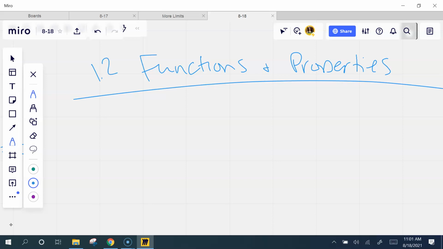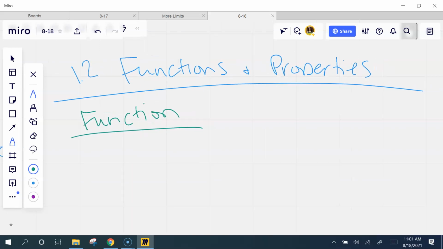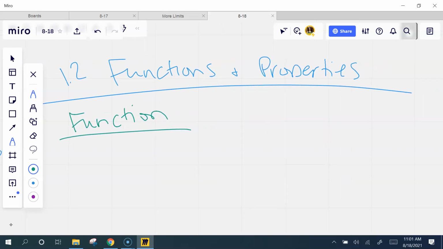What makes something a function? In other words, tell me the definition of a function. Okay, more specifically, what makes it a function, though? Yes, Abby. There you go. Every input only has one output.